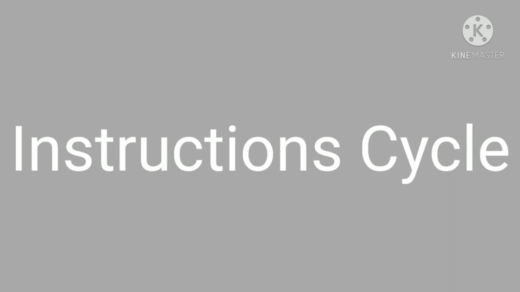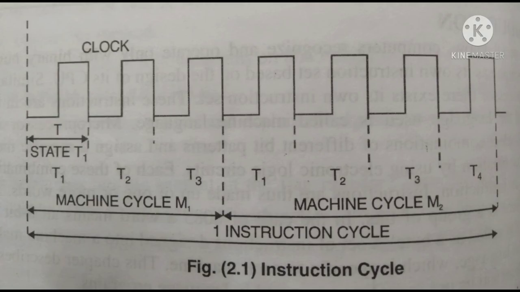Next, in the figure let's see what the instruction cycle is. Look at this figure, which shows machine cycles, T states and the instruction cycle required for execution of a hypothetical instruction. From the diagram we see it requires two machine cycles, M1 and M2. Machine cycle M1 lasts for 3 T states while machine cycle M2 lasts for 4 T states, denoted as the instruction cycle.